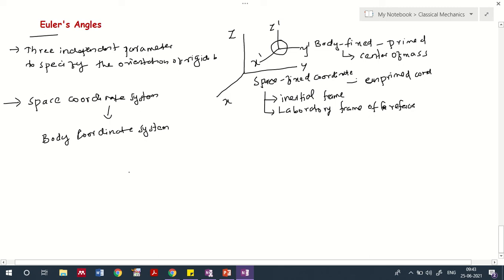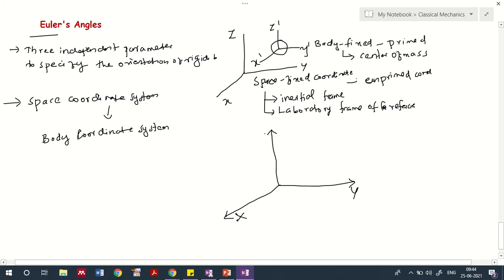How do we do that? That is the important question here. Let me assume that we have a coordinate system x, y, z.